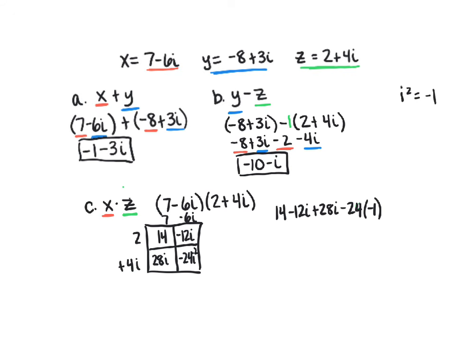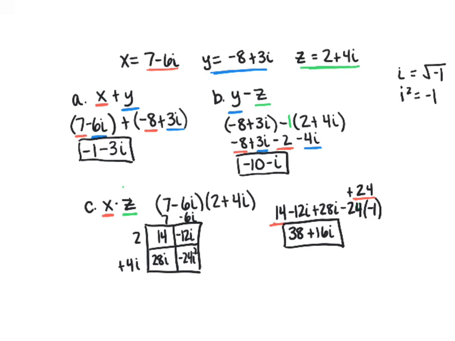Remember, this i equals the square root of negative 1. So we have 14 plus 24, because negative 24 times negative 1 is plus 24. So 24 plus 14 gives me 38. Again, those are my real terms underlined in red. And negative 12i plus 28i gives me 16i.